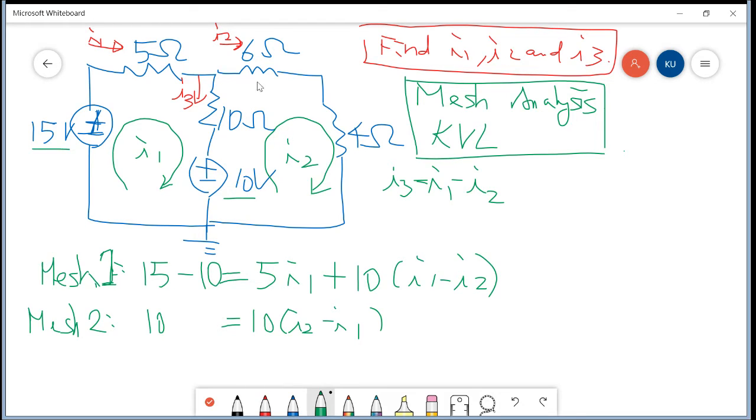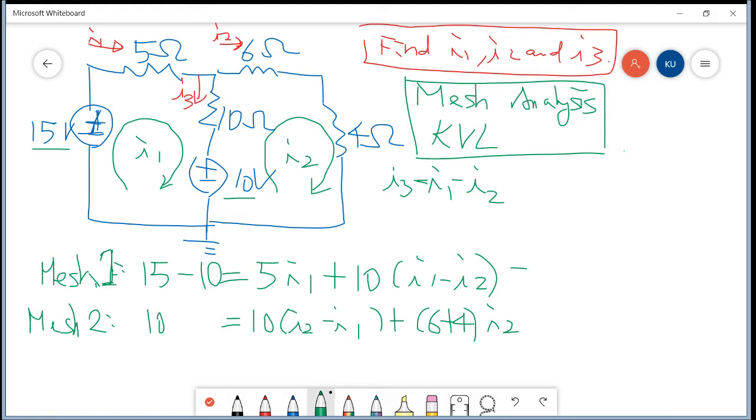And for this one, 6 ohm and 4 ohm. The current going through these two resistors is I2. So it looks like this.